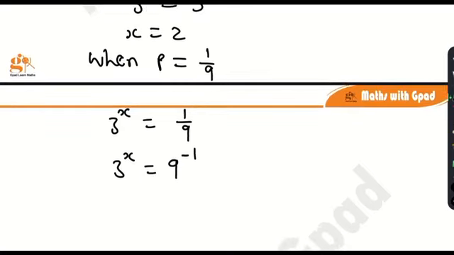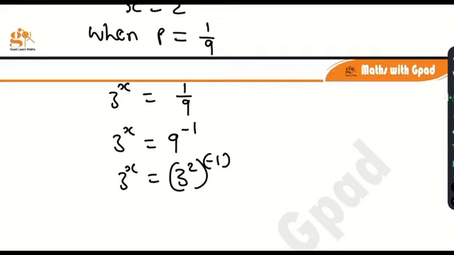So they still do not have a common base, so it's going to be 3 raised to the power of 2. 3 raised to the power of 2 is 9, but we still have the negative 1 exponent. So these two exponents are going to multiply together, and you're going to have 3 raised to the power 2 times negative 1, which is negative 2.